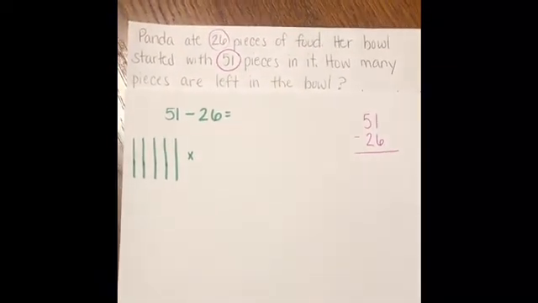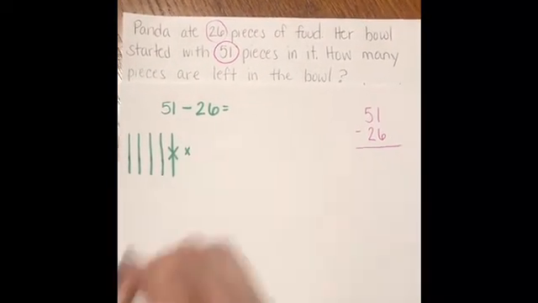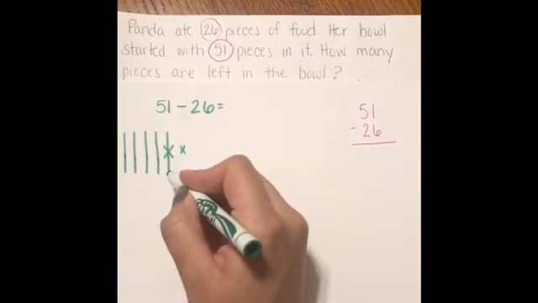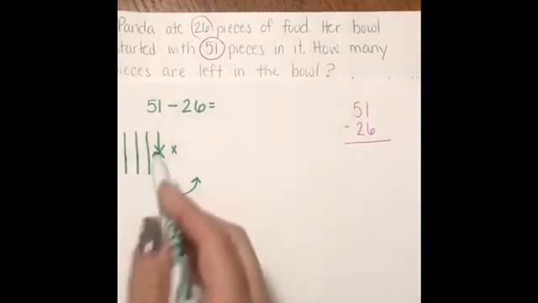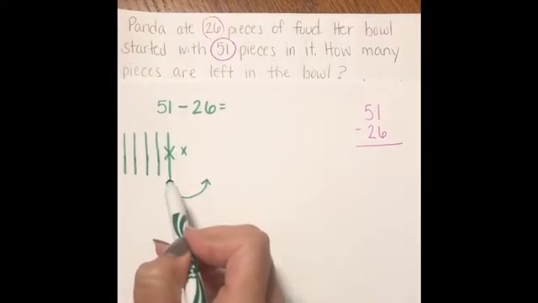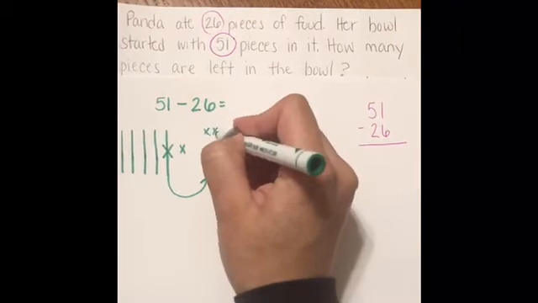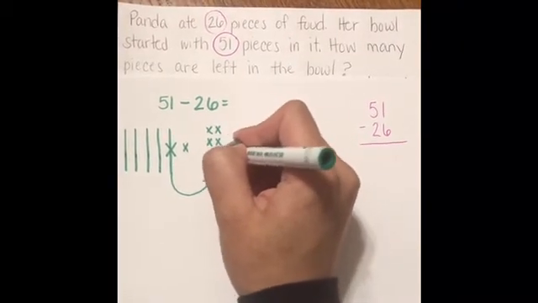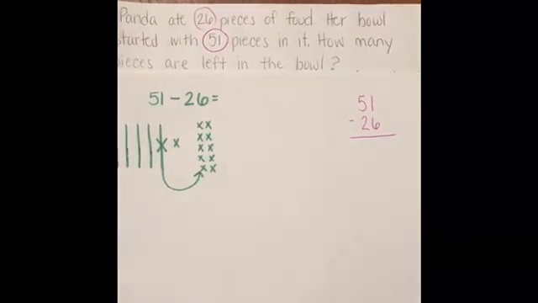And in order to do that, I'm going to come to the rods, which are tens, and I'm going to trade 1 for 10 cubes because a rod is equal to 10, so the only way I can trade it is for 10 cubes. 1, 2, 3, 4, 5, 6, 7, 8, 9, 10.